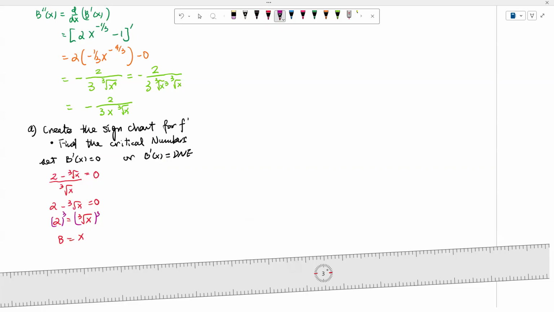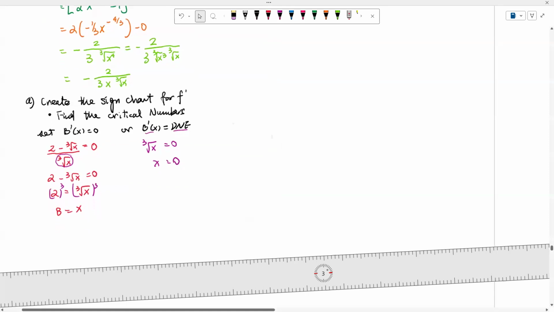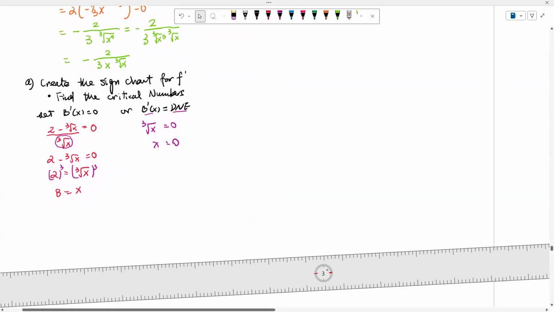And what number will make b prime not exist? It will be the 0 in the denominator. So x is equal to 0. Then 0 and 8 are the critical numbers for b prime.